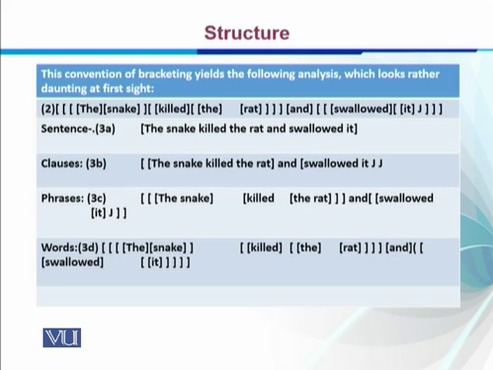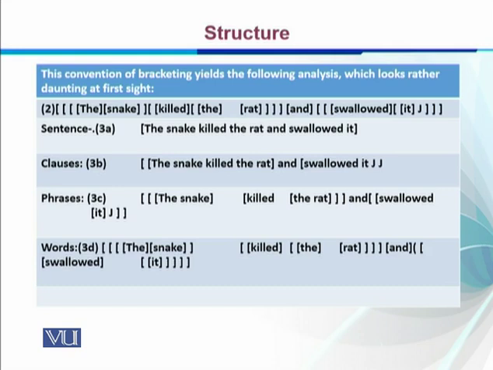For example, the snake killed the rat and swallowed it. So if we look at this, it is surrounded by a lot of brackets. So what we did is, first we put a bracket around the sentence, right? And then around phrases, and then around words, right? So this is how we have done it.